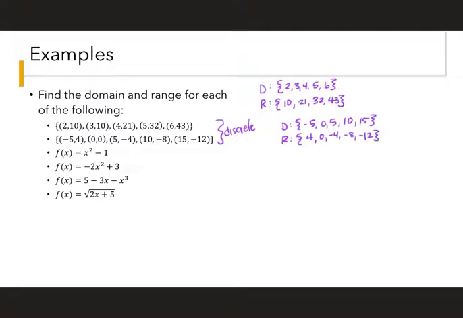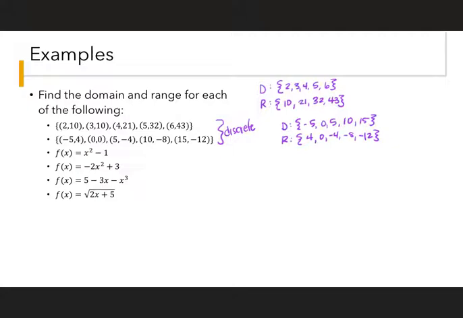We do usually prefer them to be from smallest to largest, so we would normally start that with -12 and then work our way back up to +4. It's fine. I'm not going to take off points for that, especially in this context, because we're just figuring out what all of this is.